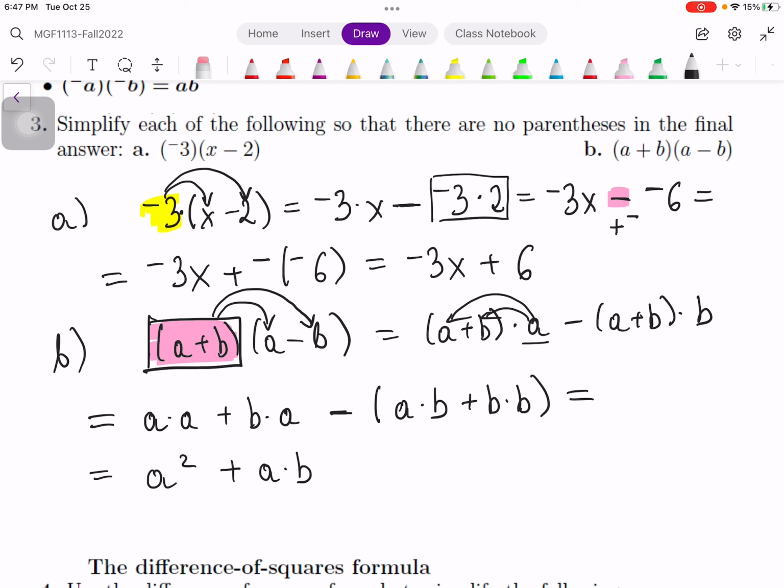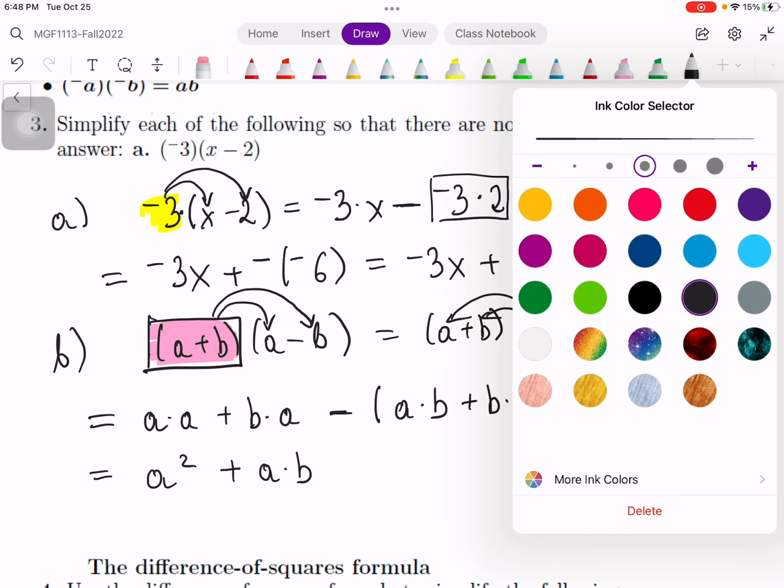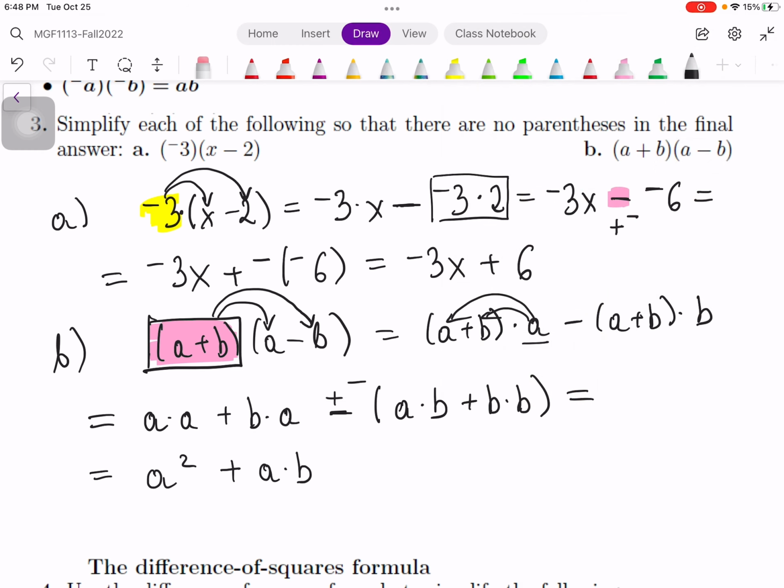Now I'm going to use that minus can be distributed among the addition too, because why is it so? Well, there are a few ways to look at it. One way is that I can think of here first using the fact that minus is the same as plus minus, and then distributing minus among the terms, because we know that the opposite of a sum is the sum of opposites, but I don't want to complicate it.